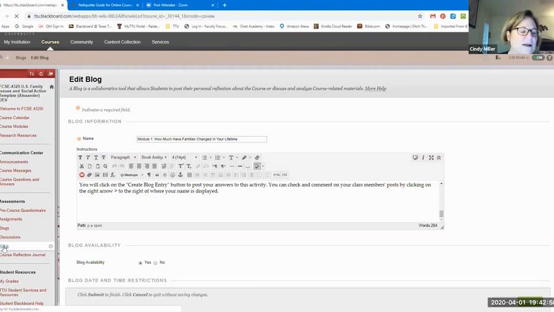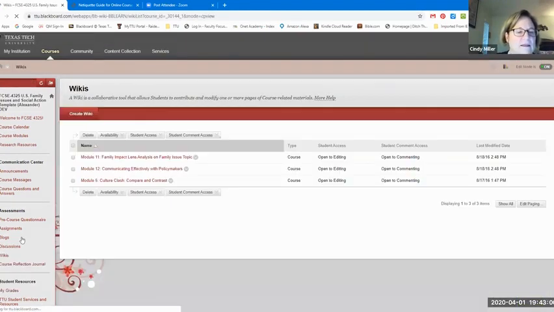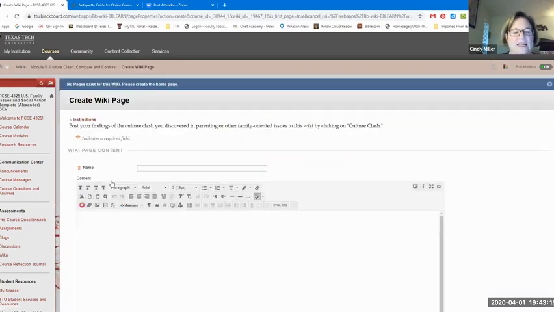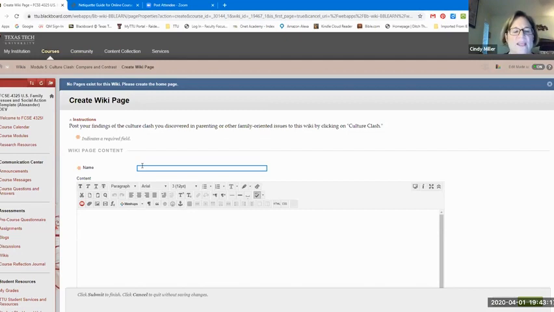So I did a culture clash wiki, and of course you won't see anything on this one because this was a development course, but I asked students to compare and contrast. They created their wiki page, and they put United States versus India.